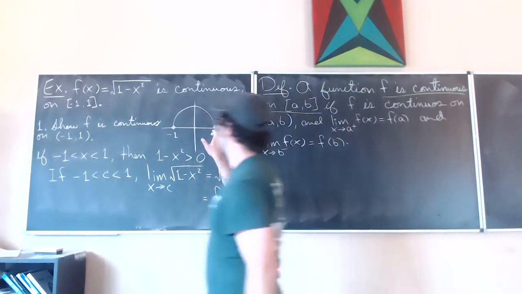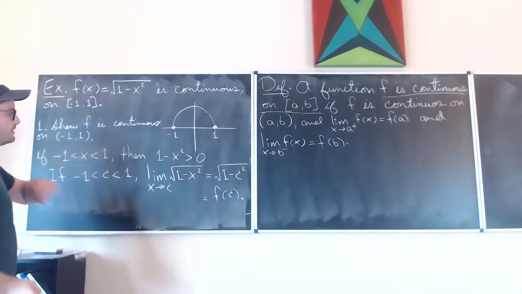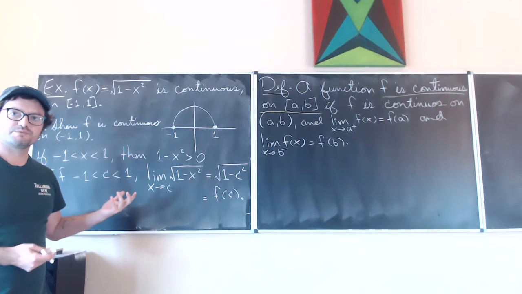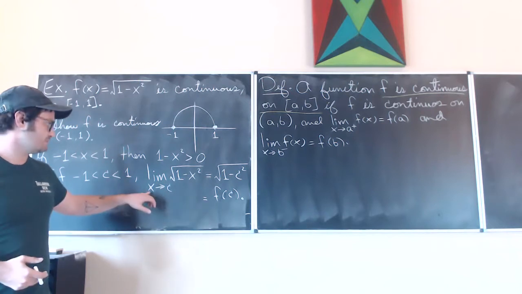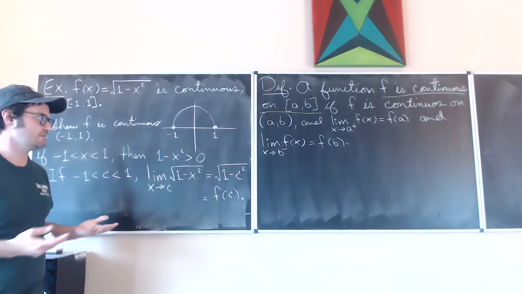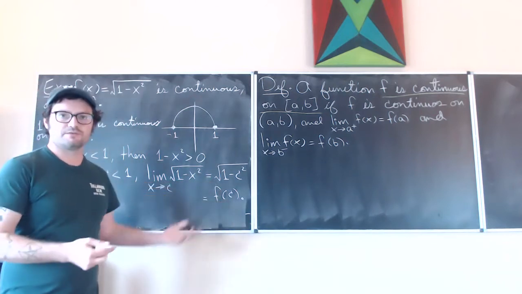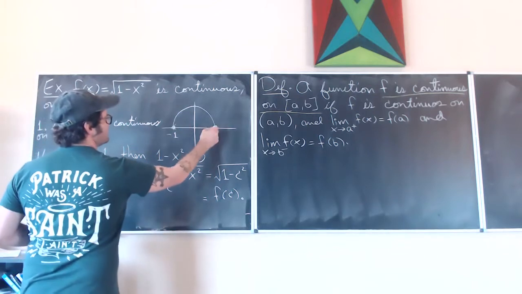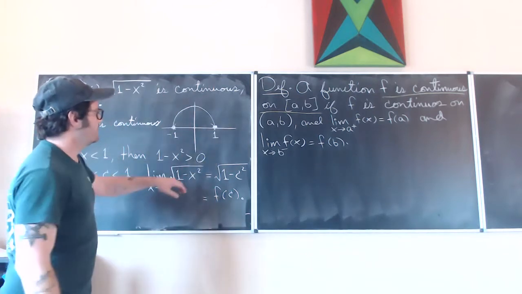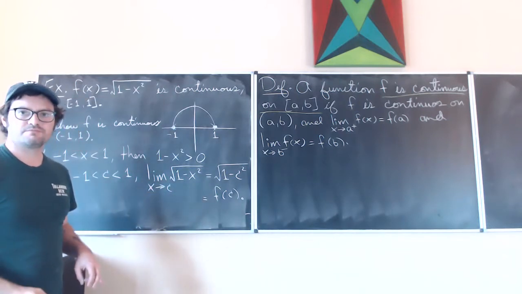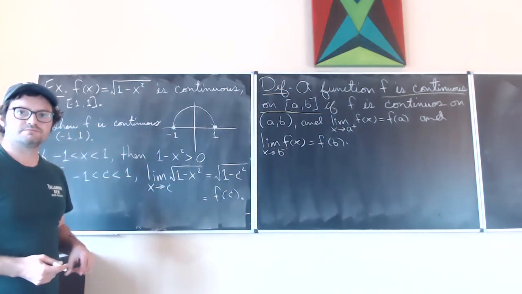So anywhere inside the open interval -1 to 1, we know that we're taking the square root of a positive number, which means that we can just plug in c for the limiting value. You just plug it in. But that's the same thing as writing f of c. So we see that anywhere in the open interval, f of c is going to equal the limit as x approaches c.